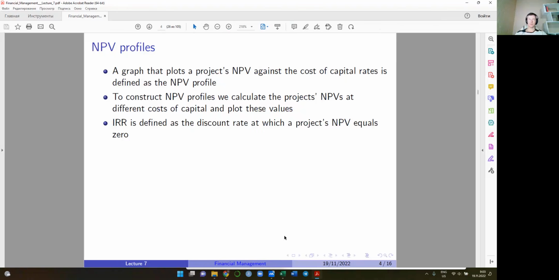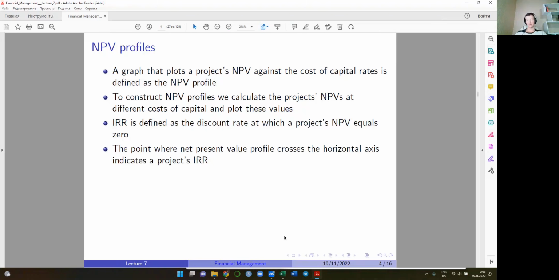And internal rate of return is going to be at the discount rate where net present value equals 0. Graphically, it's the point where the NPV profile crosses the horizontal axis. Given that you know the mathematical nature of internal rate of return, you should be able to find it graphically.